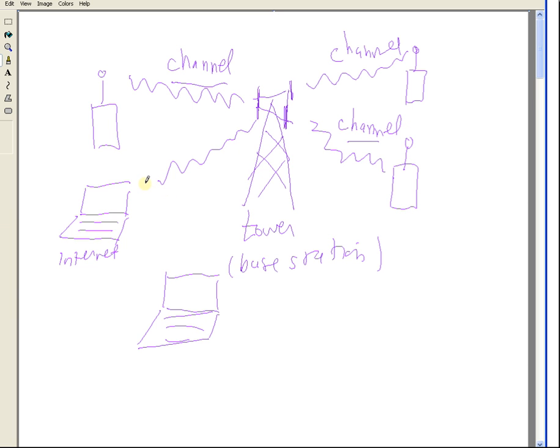If you think about when you surf the internet, you load a page and then you spend several seconds or minutes looking at the page, and then you load another page. In between those different loads, the channel is completely unused. So that's a very inefficient use of resources. So what actually happens is that different internet users share the same channel.